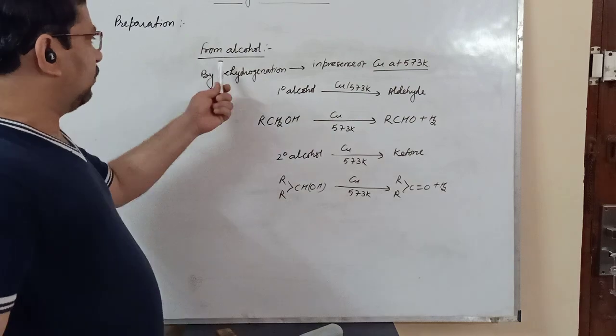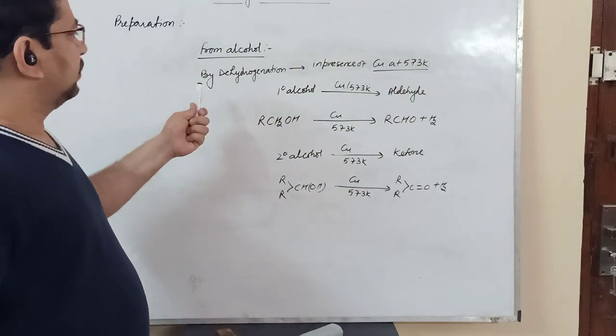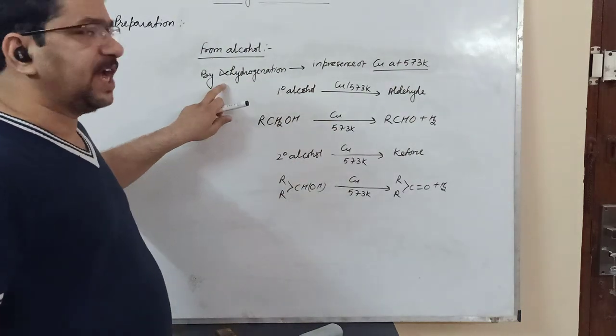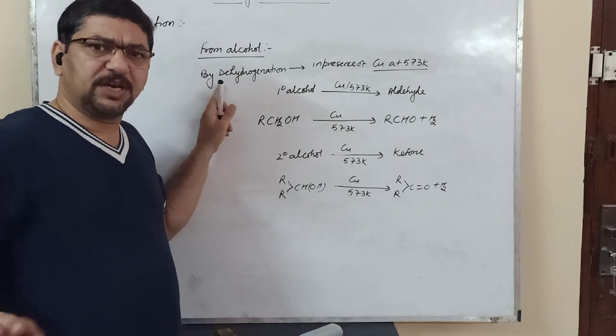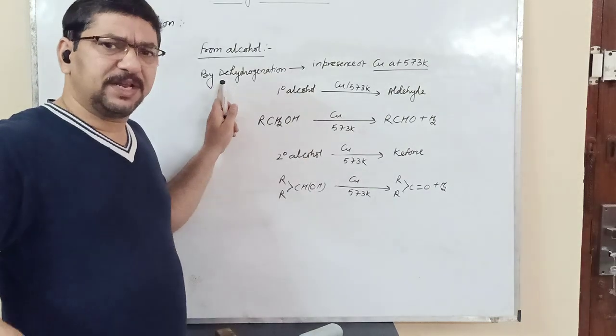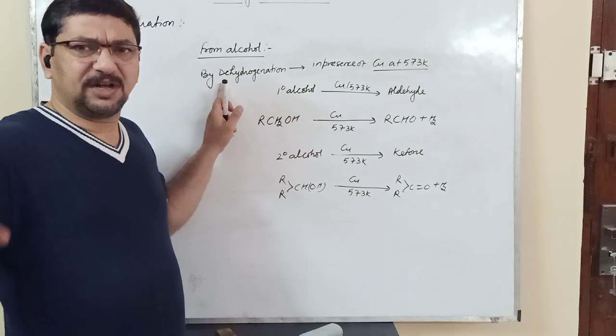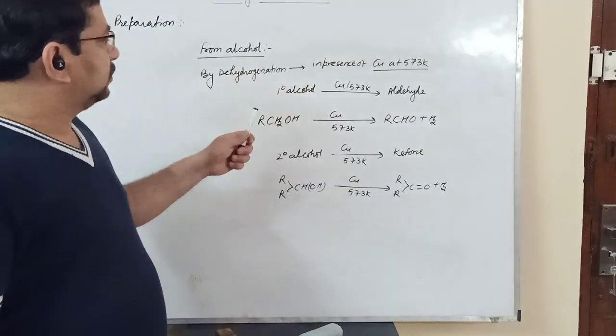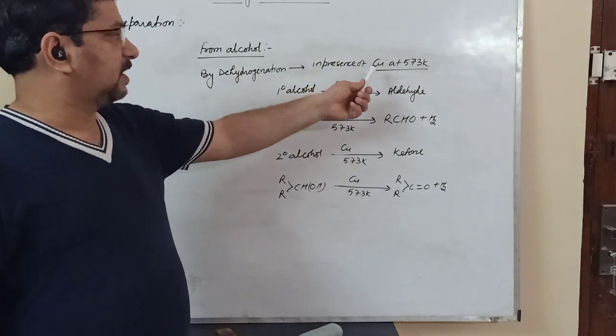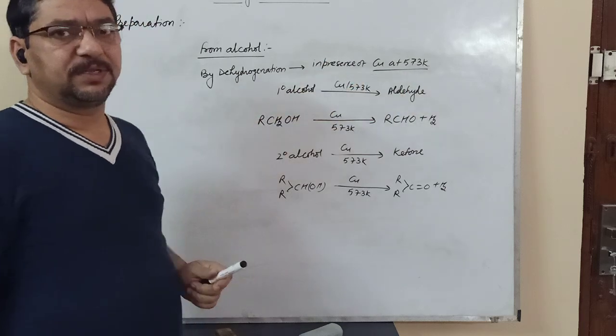Now further, alcohol can also be converted into aldehyde or ketone by dehydrogenation. Dehydrogenation is removal of hydrogen. Whenever any compound releases hydrogen, that is also a type of oxidation. This dehydrogenation occurs in presence of copper at 573 Kelvin.